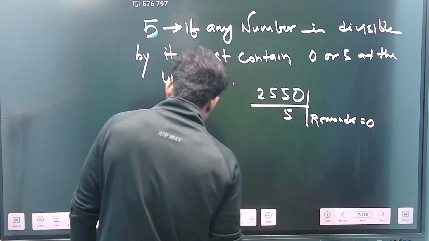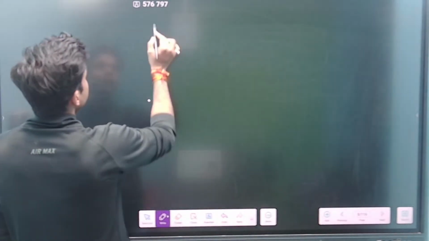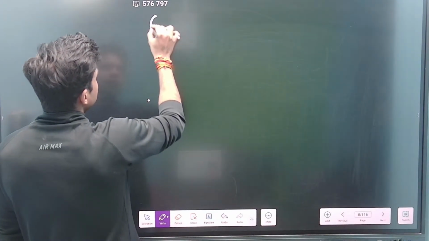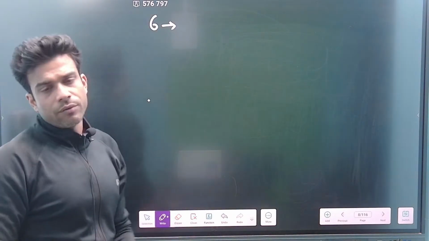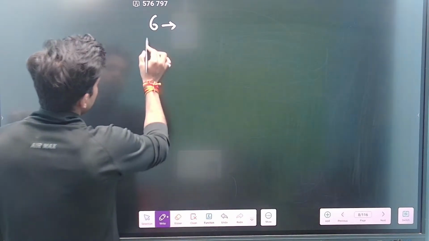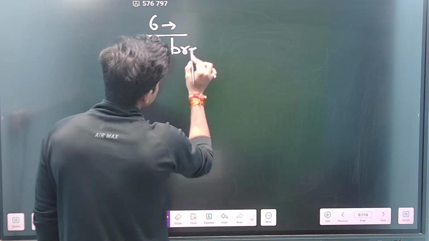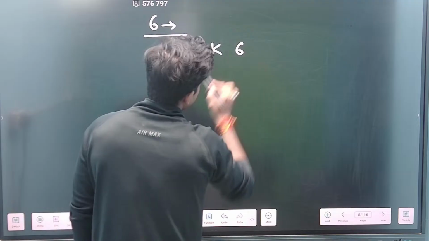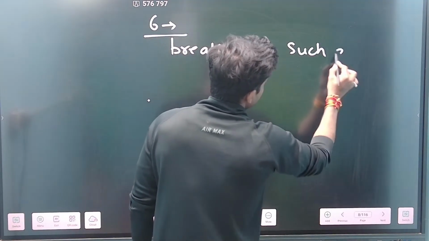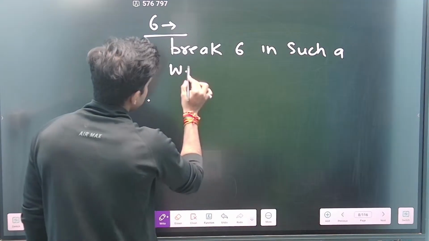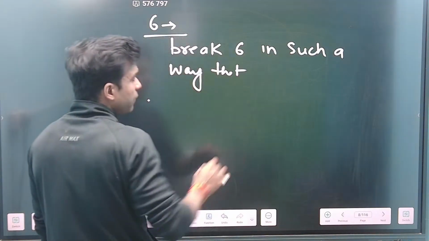Now let's come to 6. Now you know that I need to break this 6 in such a way that the HCF should be 1. What I am saying, try to listen. Break 6 in such a way that their HCF would be 1.